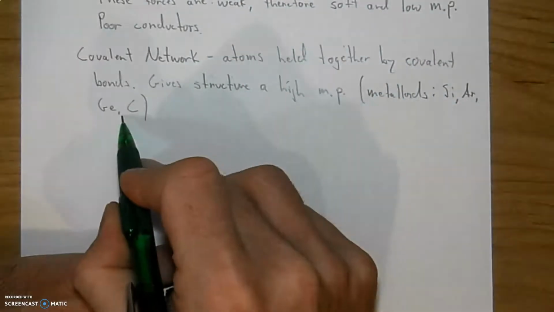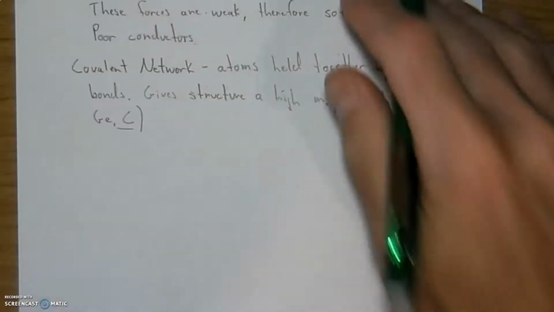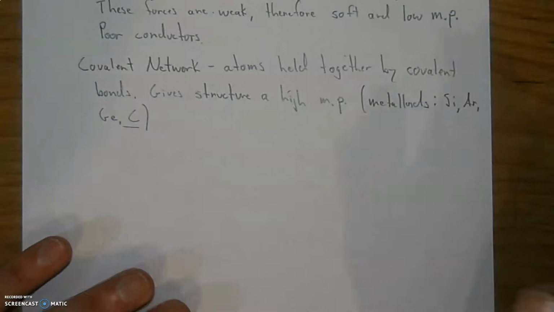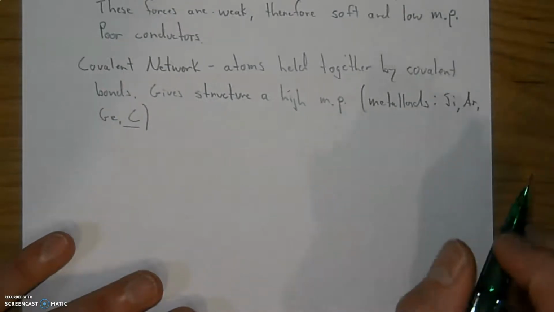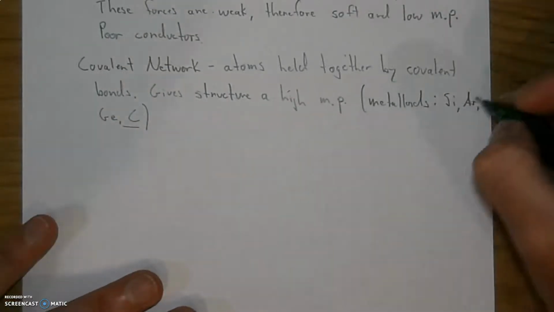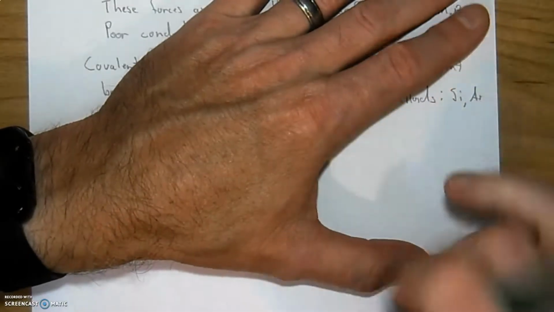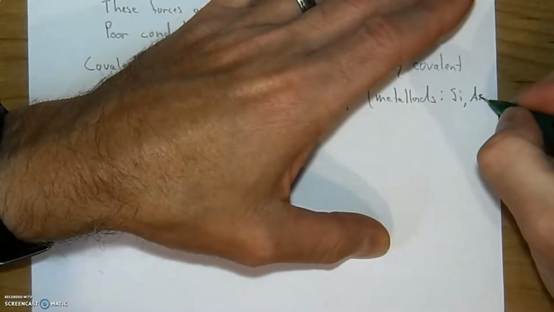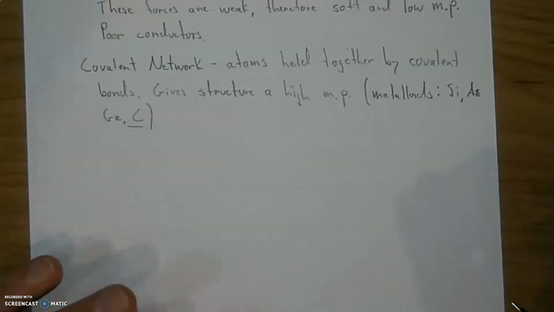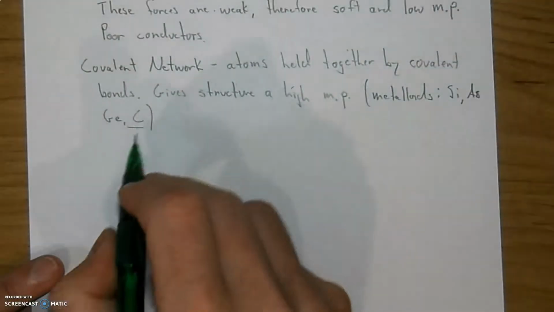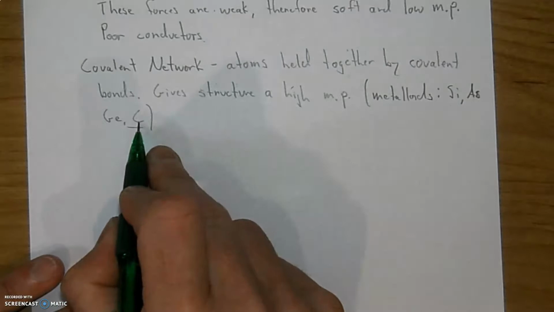Actually, I would say carbon is the most common one you're going to find, carbon or silicon. I said this is AR, which is not. I'm doing arsenic, that's AS. There we go.